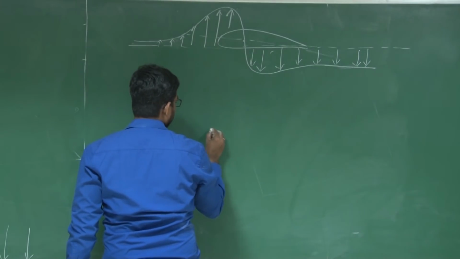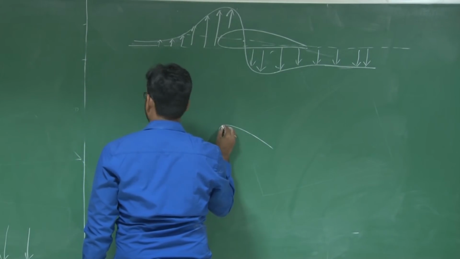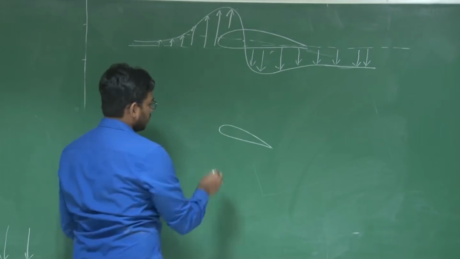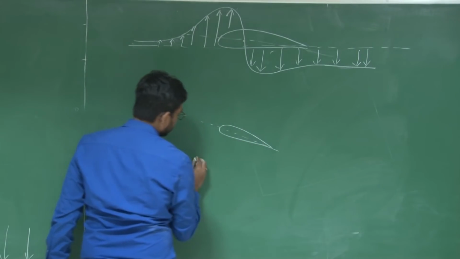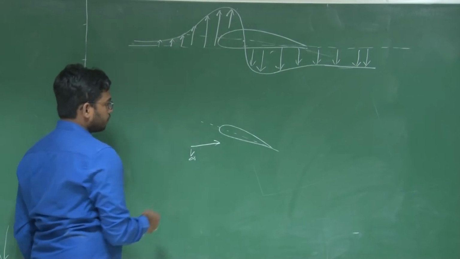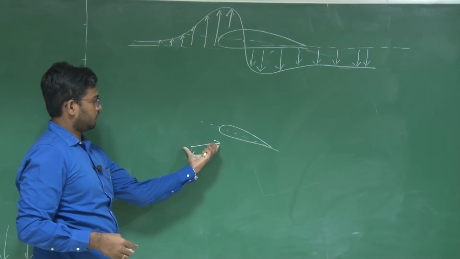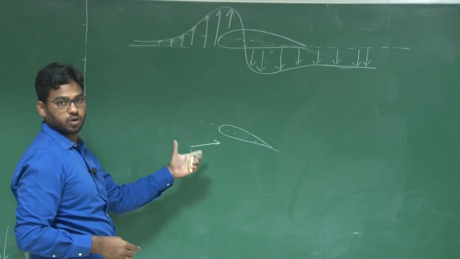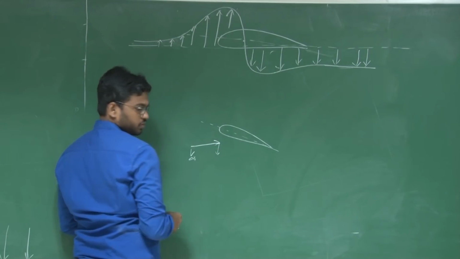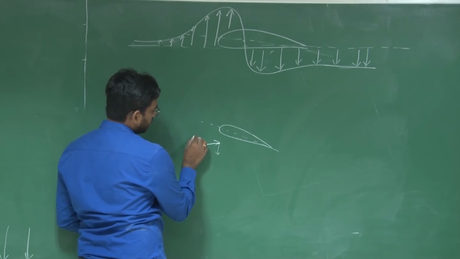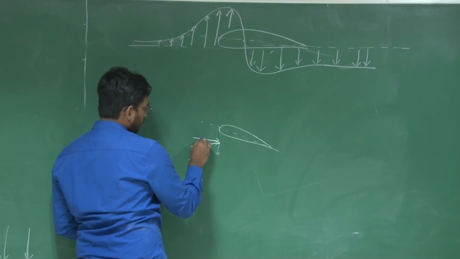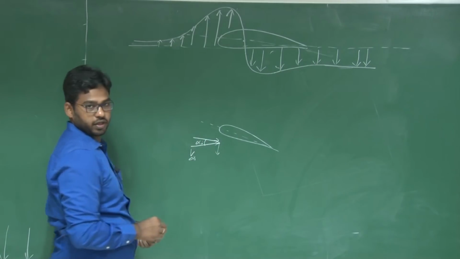Now let us consider a span-wise location along the wing. Let this be the angle of attack of the airfoil, with V infinity being the direction of the actual overall flow. Now, due to this downwash, effectively this angle of attack decreases, right? There is something called the induced angle of attack.